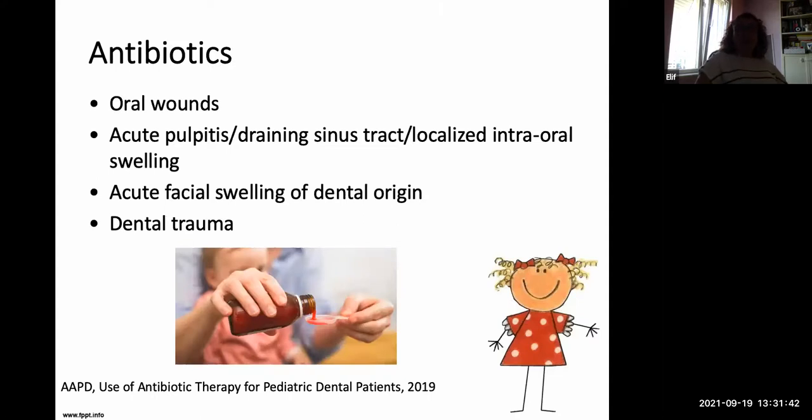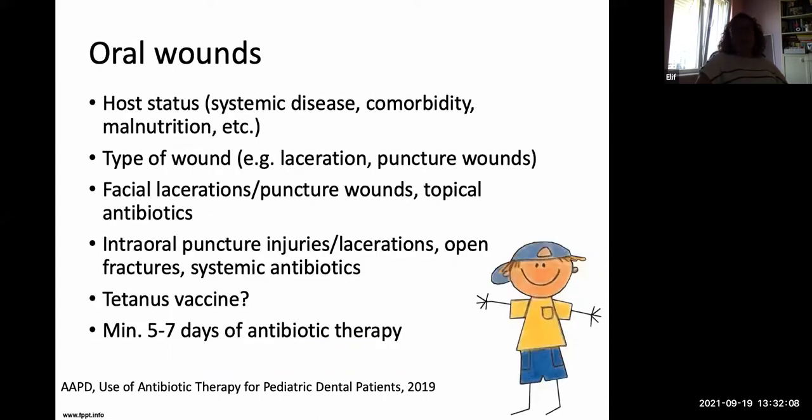Antibiotics are also important for emergency patients. We prescribe antibiotics in oral wounds, in acute pulpitis, draining sinus tract, or localized intraoral swelling patients. We also prescribe them when we face acute facial swelling of dental origin or dental trauma patients in some cases.